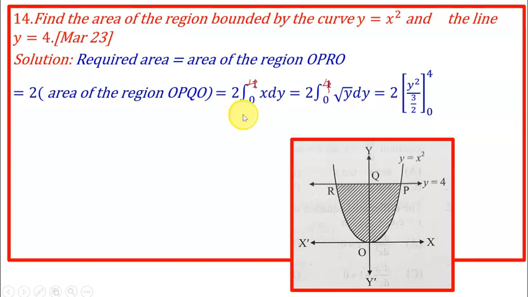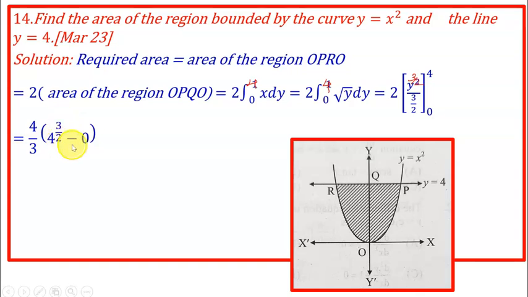Therefore integral 0 to 4 x dy, the value of x is root of y, and the integral of root of y is y raised to 3 by 2. I will write here y raised to 3 by 2 upon 3 by 2. Okay, and then after simplification you will have 4 by 3, that is 2 into 3 by 2 is multiplied and reciprocal. You will have 4 by 3.